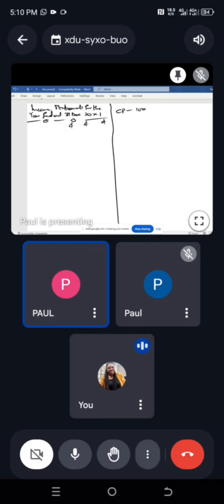You add a profit on it. You add a profit, let's say 20 cedis, to get your selling price, right? Yes. So the selling price becomes what? Your cost price plus profit, isn't it? Yes. That's 100 plus 20, which is what? 120, isn't it? Yes.